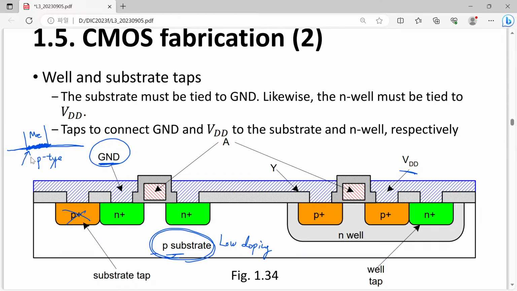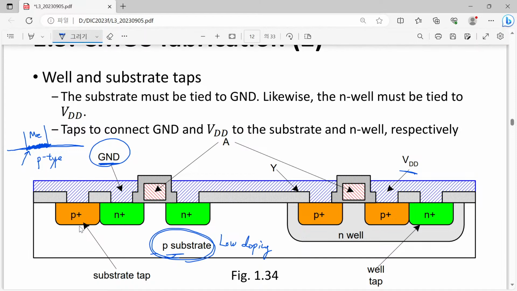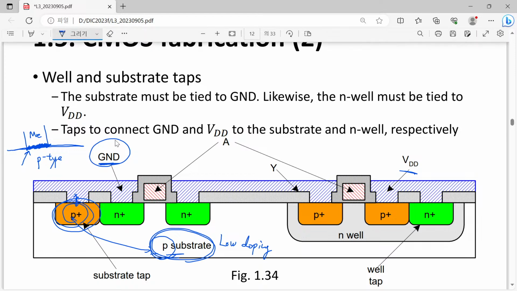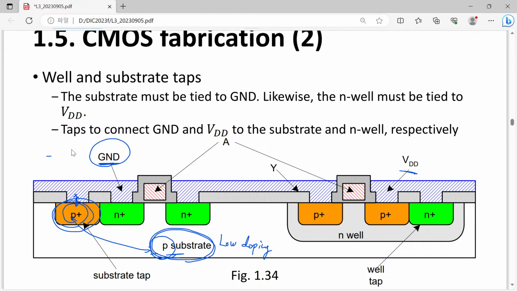So it is not good in terms of electrical conductivity. In order to eliminate such a problem, we intentionally introduce a highly doped layer. Then the interface is improved, and since they are all the same p-type, the electrical connection is much better than a direct connection between metal and a lightly doped p-type substrate. Okay, so this is it.